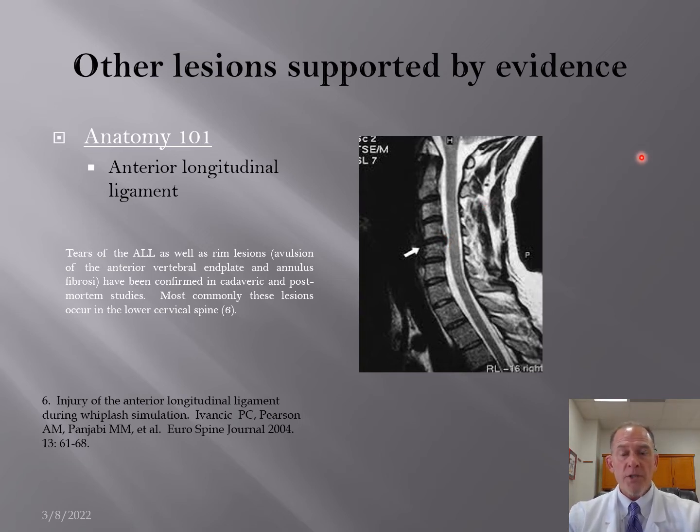However, additional injuries that are documented on the report include questionable injuries to the anterior longitudinal ligament, which is placed here, and an injury right here, which we don't see, something called a rim lesion, which is basically an avulsion of the anterior vertebral end plate and annulus.